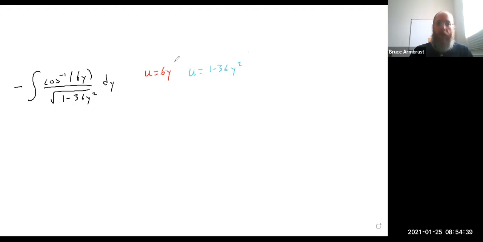But then a third choice would be, what if we just let u equal the cosine inverse of 6y? Now, what might make that worth doing is the fact that that's the biggest and ugliest part of this integral.